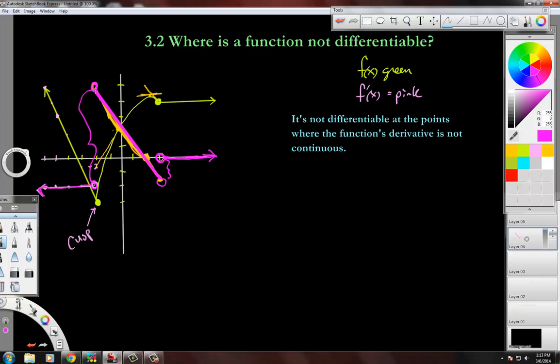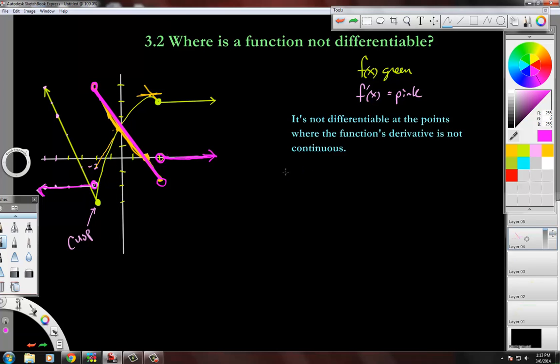It's continuous from here all the way down here, and it's continuous from here all the way over here, and from here all the way back this way. But at these 2 points here and here, it is not continuous. Therefore, it's not differentiable at those 2 points.